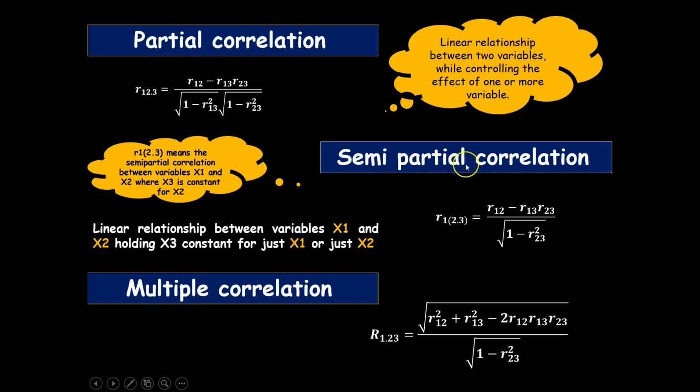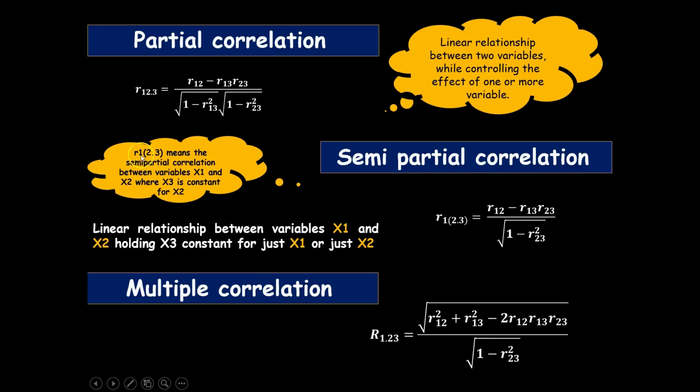Then there is another type known as semi-partial correlation. If we have three variables, it measures a linear relationship between x1 and x2, holding x3 constant for just x1 or just x2.